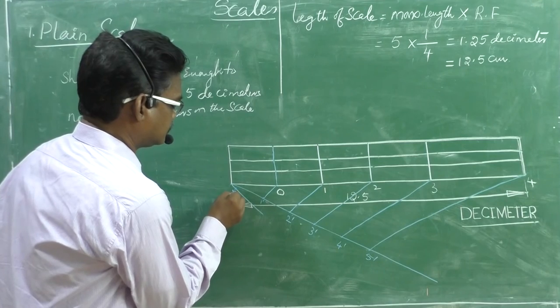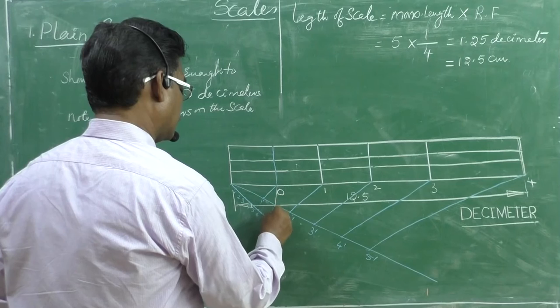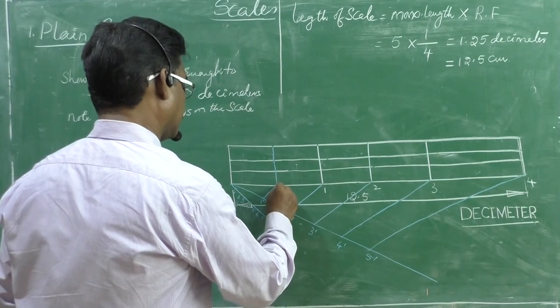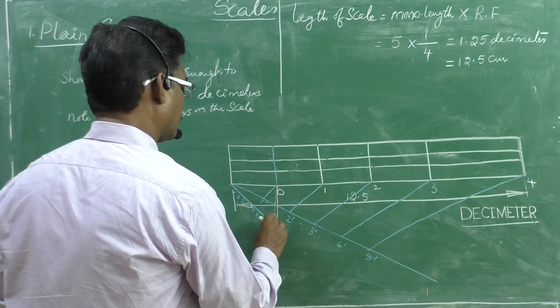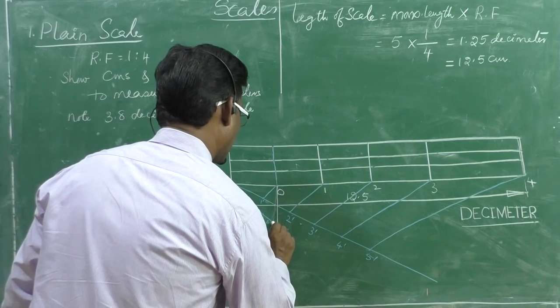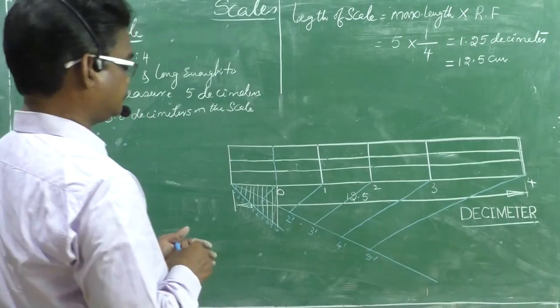Now you need to draw a line between the end point and the last division, the 10th division. Now you need to draw lines parallel to this line.